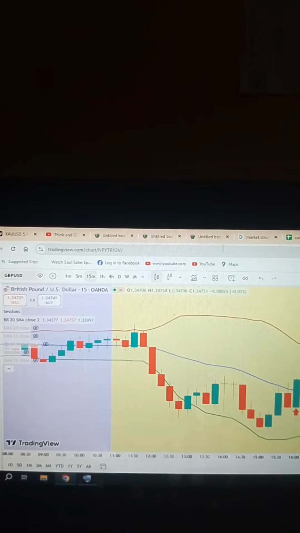So SL, you set it at the break, the highest point of the Bollinger Band where it touched here. So there, what do you set? You set a stop loss. On the upper band, that's when you set a stop loss.